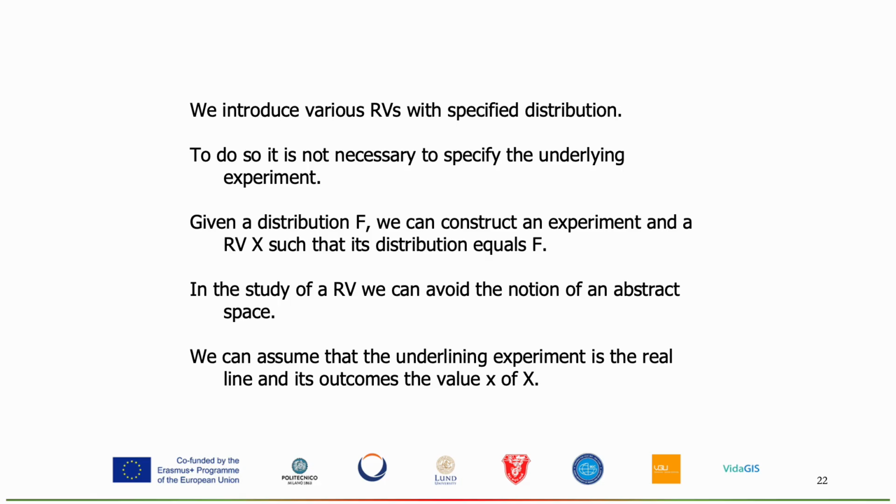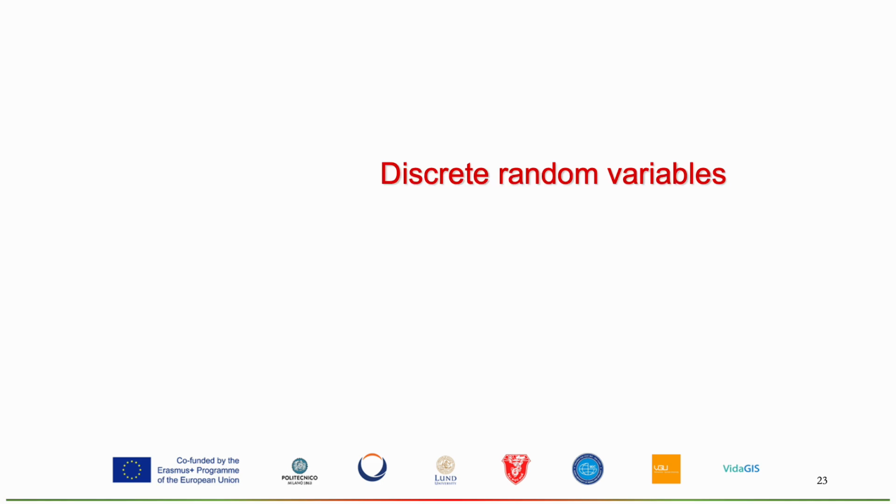So we don't need to specify the underlying experiment. We just give the properties of the cumulative distribution, and we can derive the density function, and we simply assume that the underlying experiment is the real line and the outcomes are the values x.